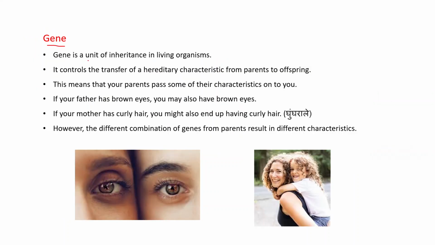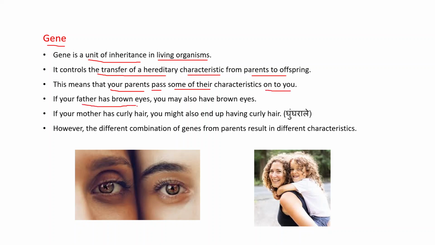Gene. Gene is a unit of inheritance in living organisms. It controls the transfer of a hereditary characteristic from parents to offsprings. This means that your parents pass some of their characteristics on to you.